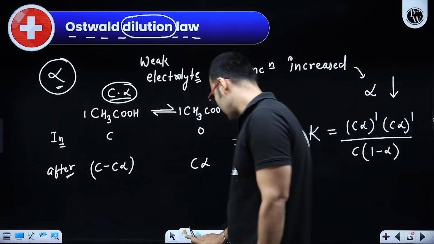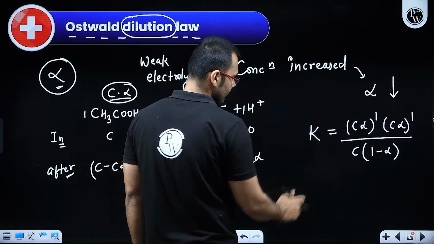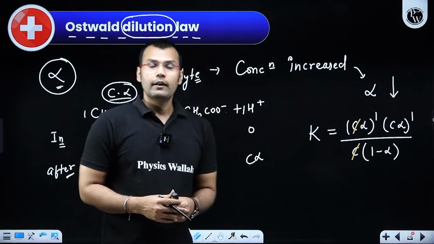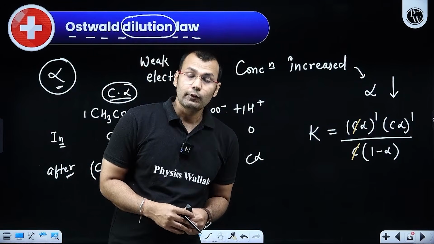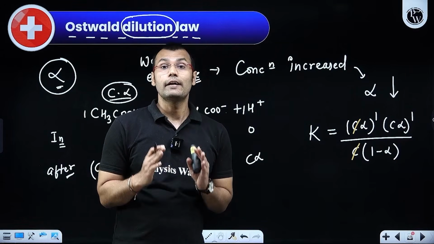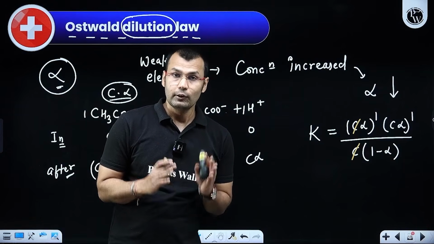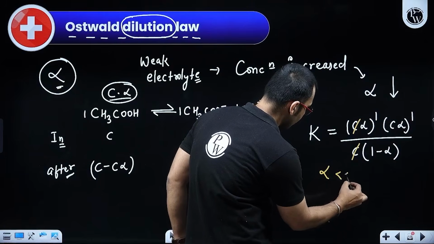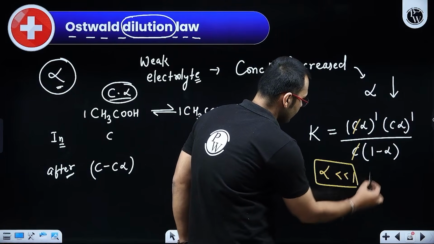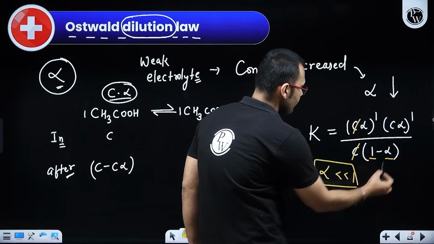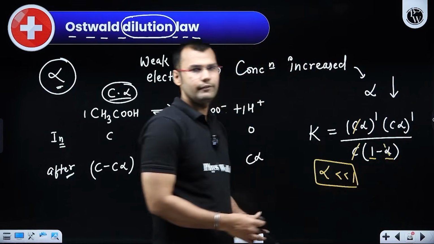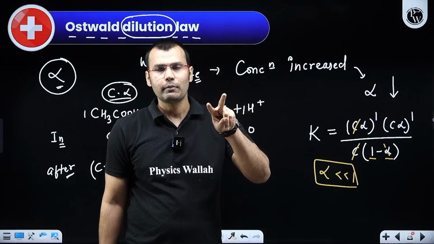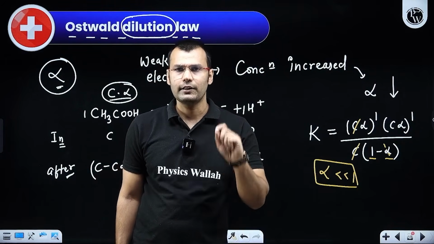Now here, if you notice, some of the terms will be cancelled, one C will be cancelled. Also, if you have a weak electrolyte whose degree of dissociation is very much smaller, so if alpha is very much smaller than 1, then out of 1 minus alpha we can ignore alpha, because if there are two numbers, one very large and one very small, the small number can be neglected in addition and subtraction.